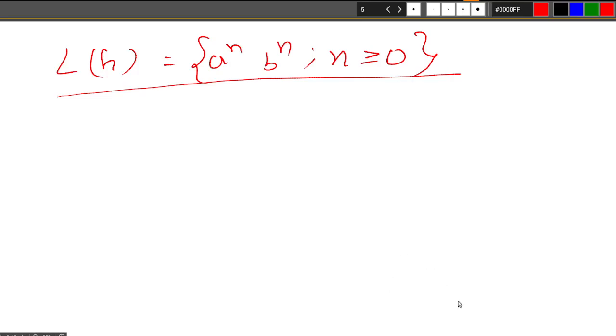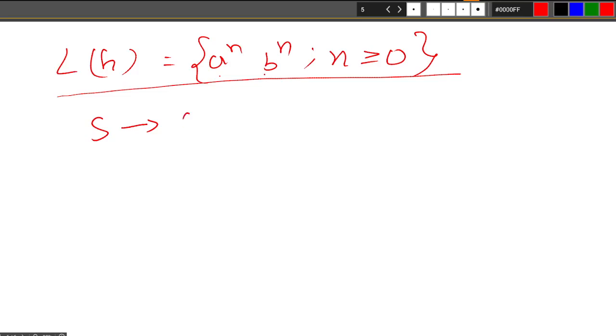You have to tell me a production rule to generate this language grammar. Start with S. Let me write. S can derive A and B any number of times, so it is actually an equal number of times.